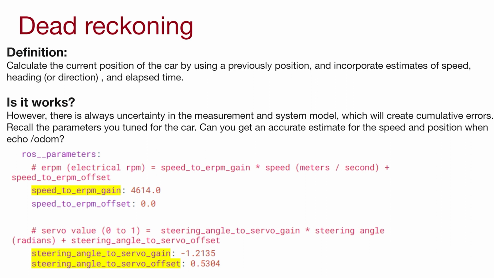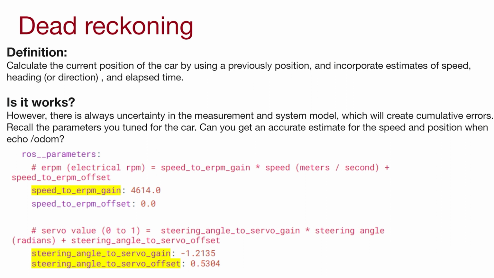But as time steps forward, this error will become larger and larger, and the estimated trajectory will deviate from the true trajectory.